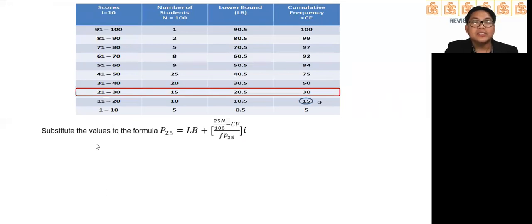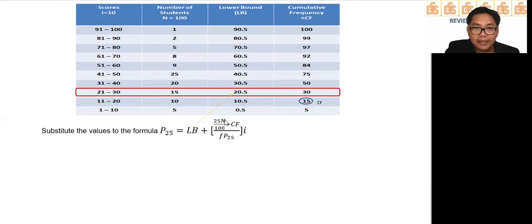Okay, so substitute the values to the formula. P25, or the 25th percentile, equals the lower bound plus 25n over 100 minus the cumulative frequency, over the frequency of the 25th percentile, times i. So what was our lower bound based on our previous discussion? Correct, it's 20.5.